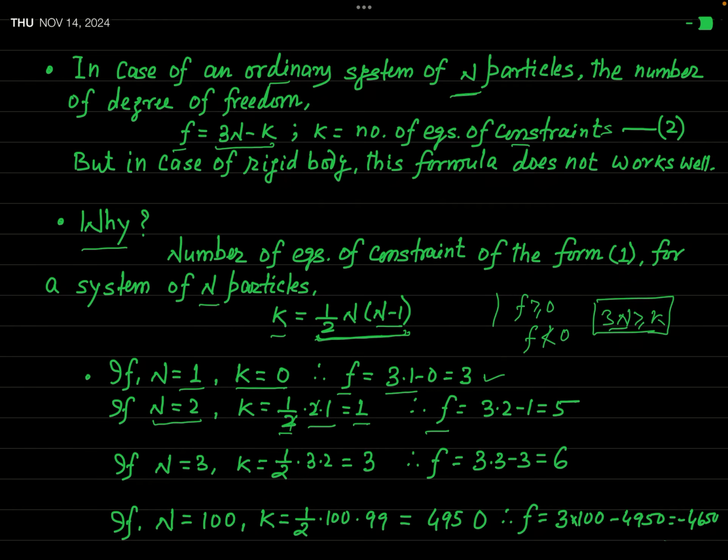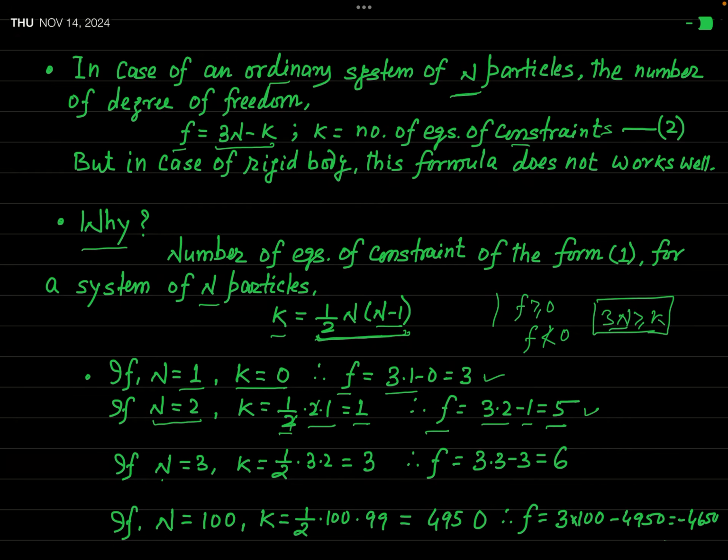Utilizing 3n minus k, that will be 3 times 2 minus 1, that is 5. So if a system contains 2 particles, then the number of constraints imposed will be equal to 1, and the degrees of freedom of such a system will be equal to 5. Actually, in this case, there may be 3 translational degrees of freedom and 2 rotational degrees of freedom, as we have learned in case of diatomic molecules, where such a situation actually exists.